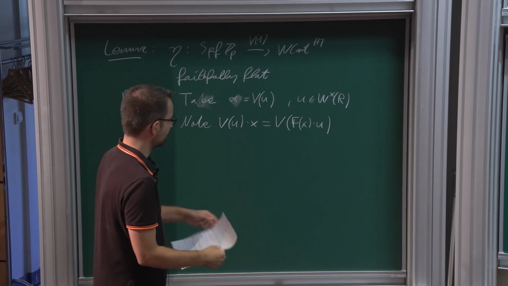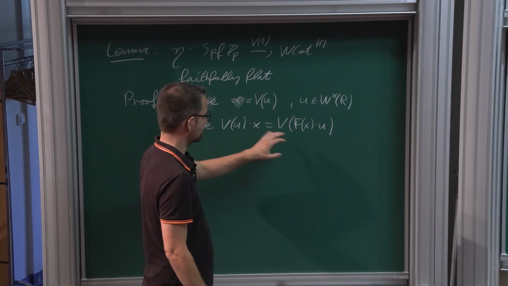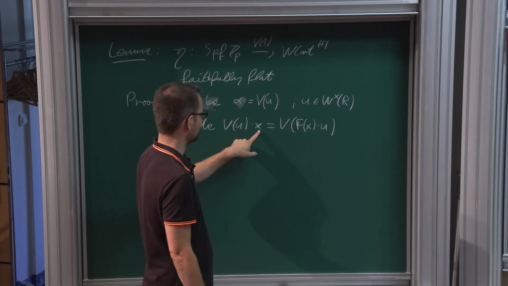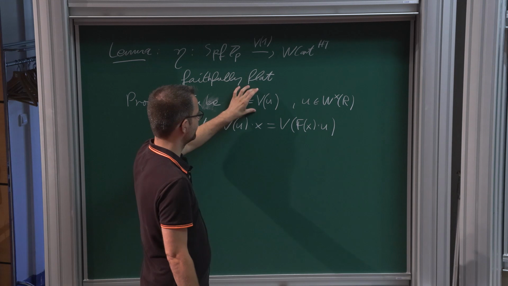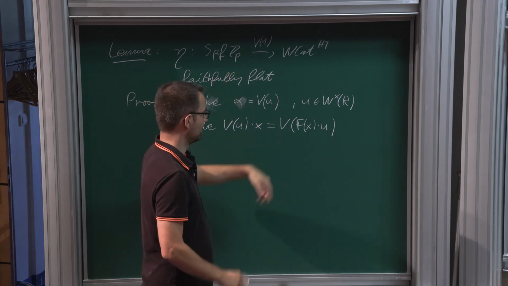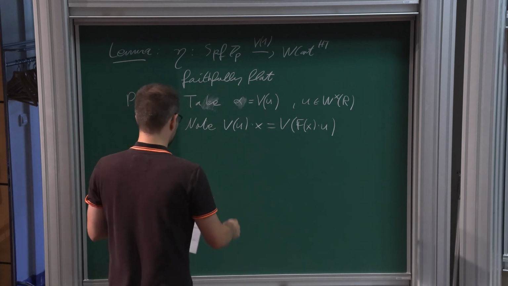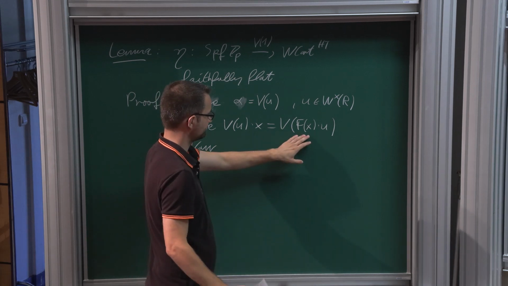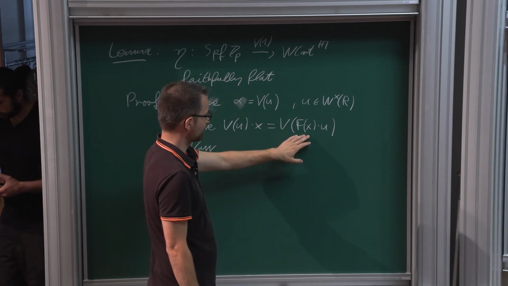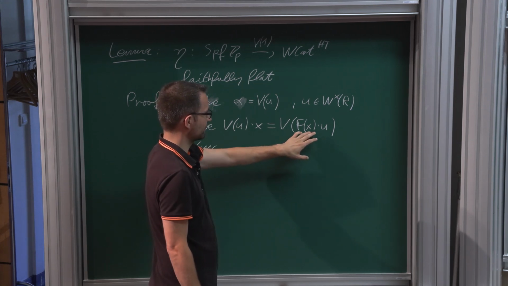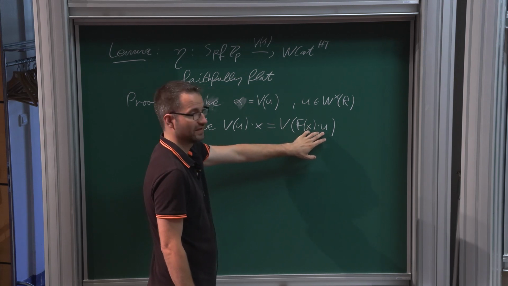And so we want to find some X such that this expression here is equal to V of 1, because then the multiplication by X will identify this Cartier-Witt divisor with the one V of 1. And in order to achieve this, we have to find some X such that F of X is equal to U inverse.